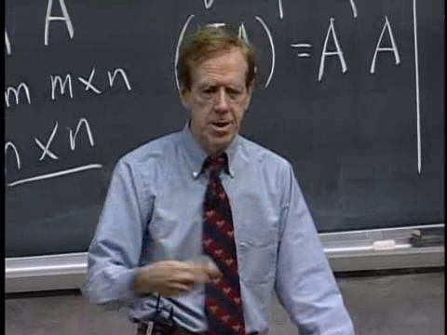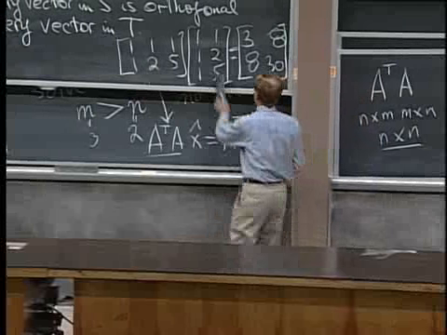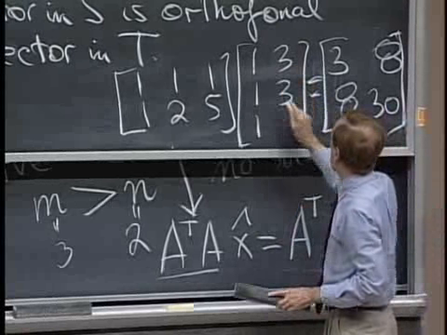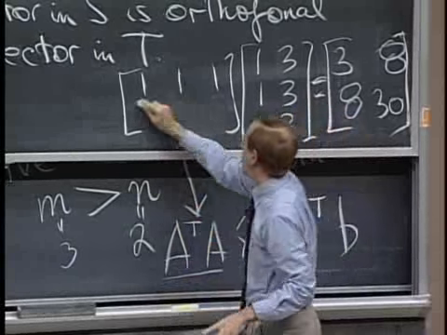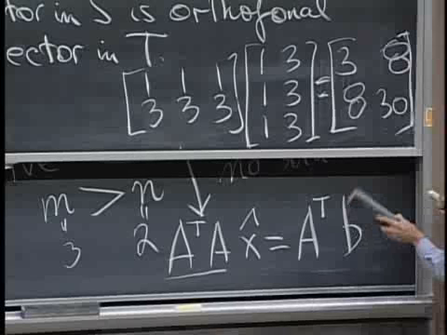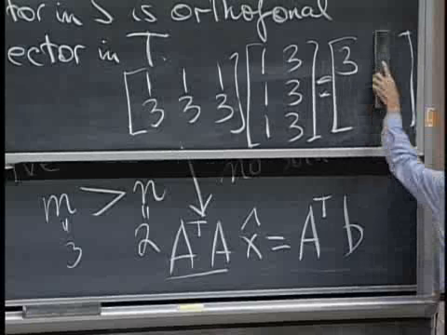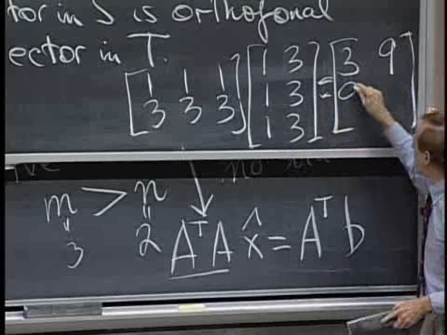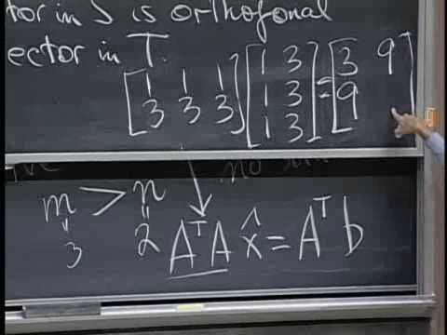Well, it could even be the zero matrix. That's the extreme case. Suppose I change to that A. Now I figure out A transpose A again, and what do I get? I get 9, of course, and here I get 27.